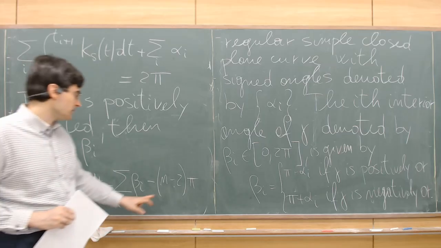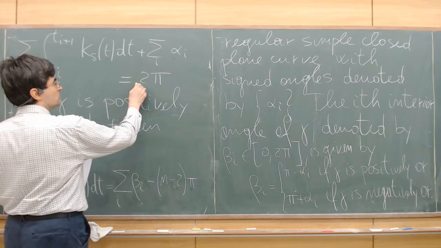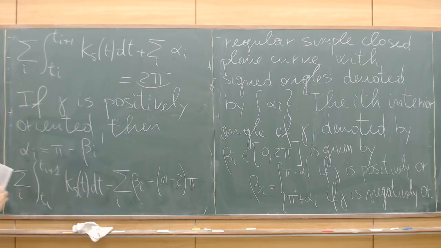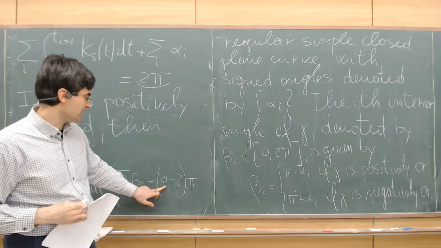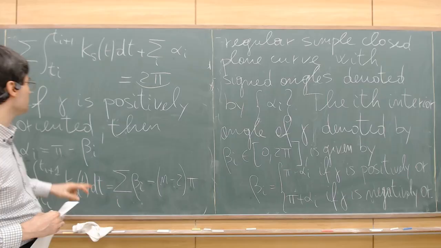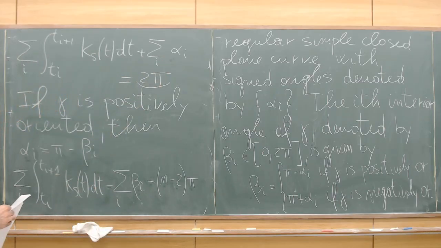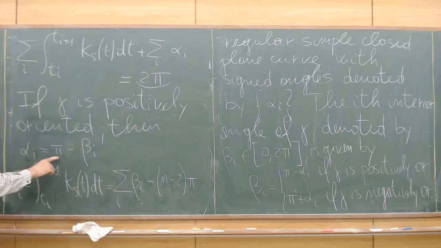The term minus 2 pi comes from the term 2 pi you have here, and the term sum on I beta I minus n pi comes from this sum here, where you have to take into account the fact that you have n corners. So from this term here you will get n pi.